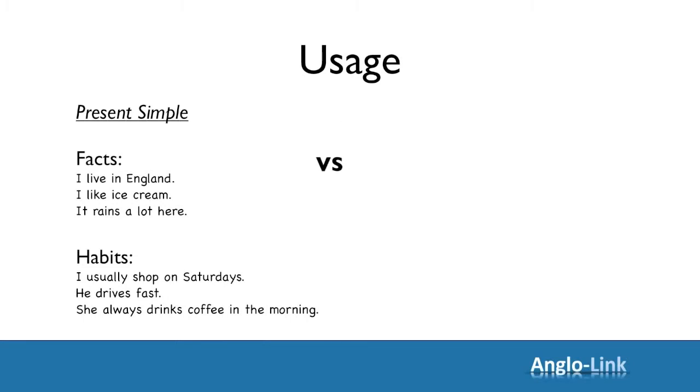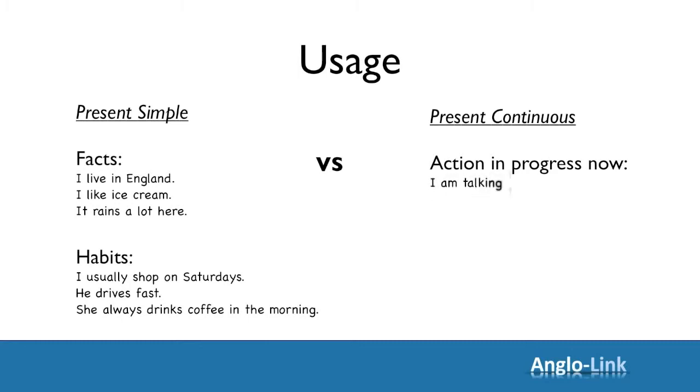Let's look at present continuous now. We use present continuous for actions in progress now, temporary situations, things that are happening now and will stop at some point. Let's look at the examples. I'm talking to you. How about you? What are you doing now? I hope that you are listening to me very carefully.